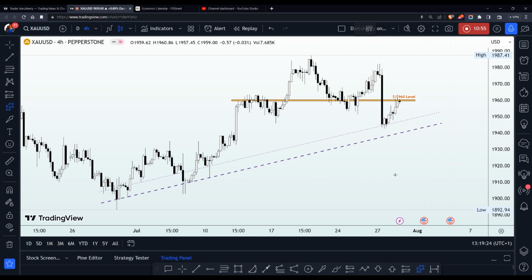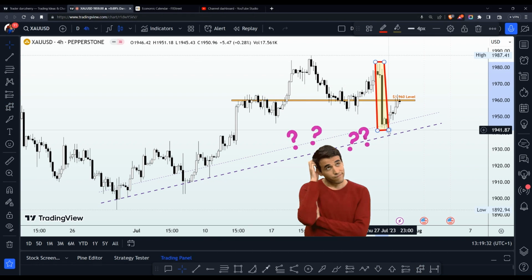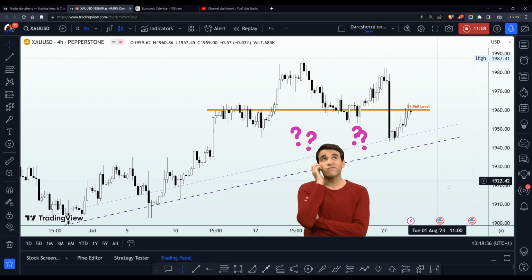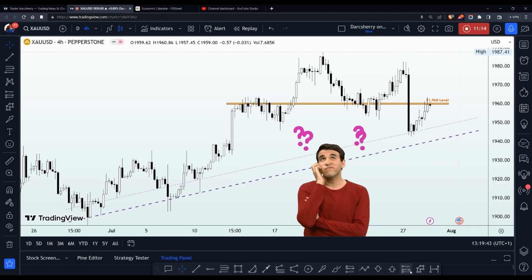And this engulfing candle we noticed here was as a result of the impressive GDP data pushing price further to the downside. Now, the question here, considering the impulsive move from the GDP data, is: is it likely that we see price action continue to the downside?